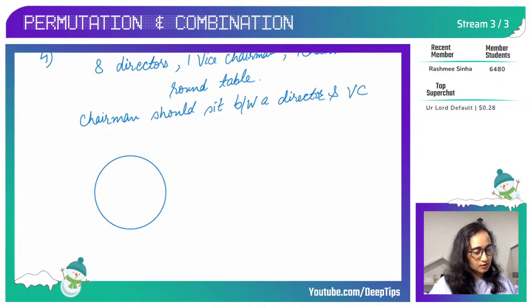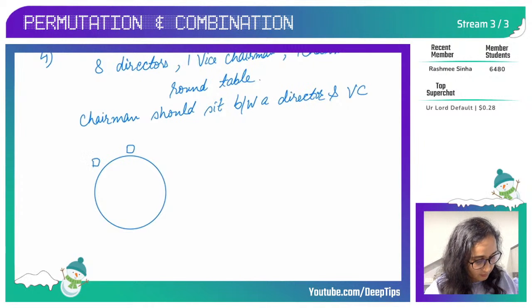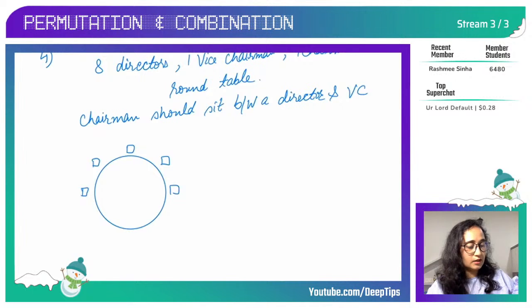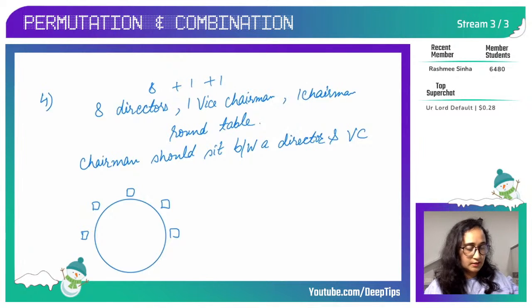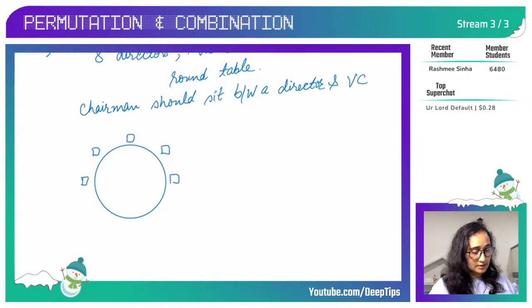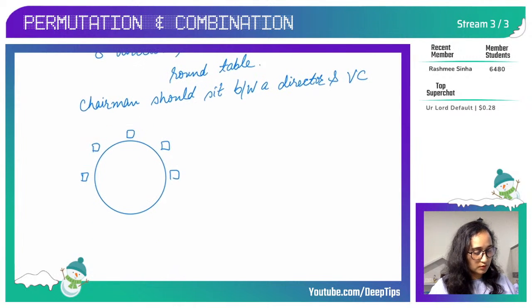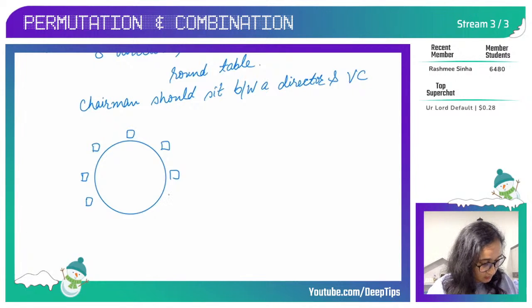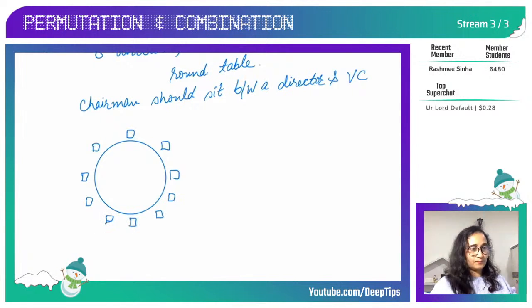Now I will make 10 places here first, because 8 plus 1 VC plus 1 chairman gives me a 10 people team, right? So I am making 10 chairs here. 1 2 3 4 5 6 7 8 9 10.